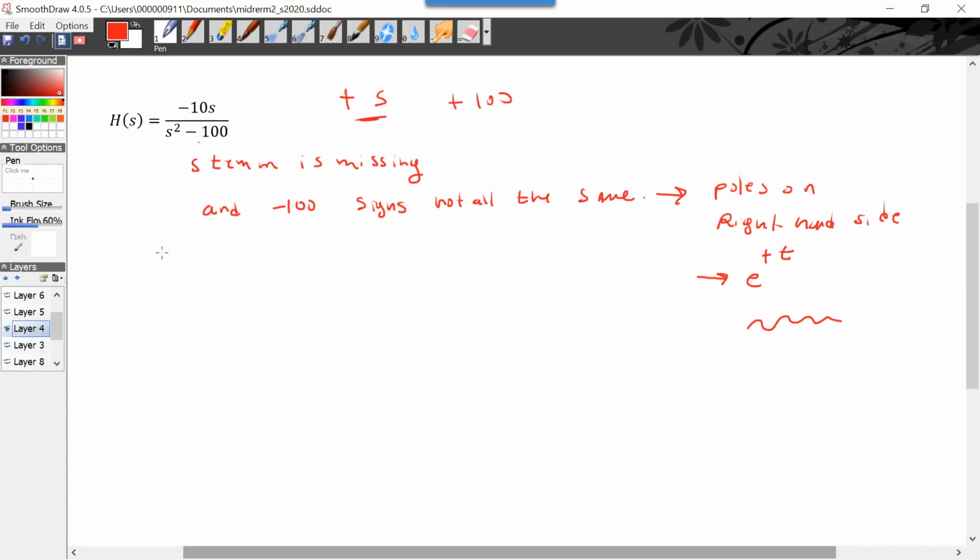So we're going to apply, here's our H(s). What G(s) is going to fix that for us.